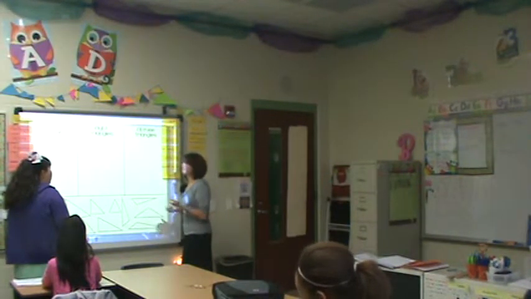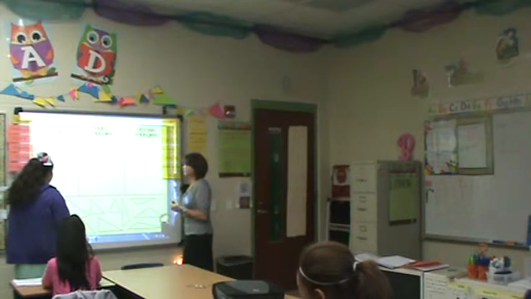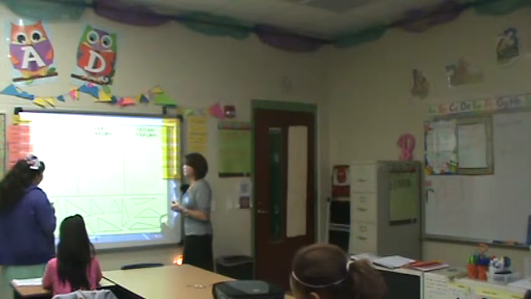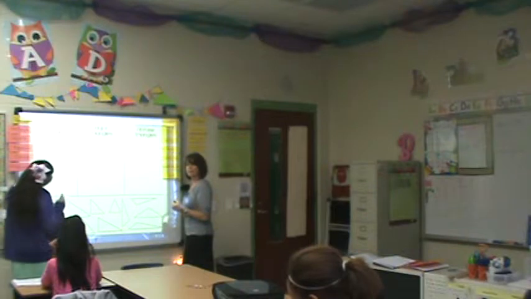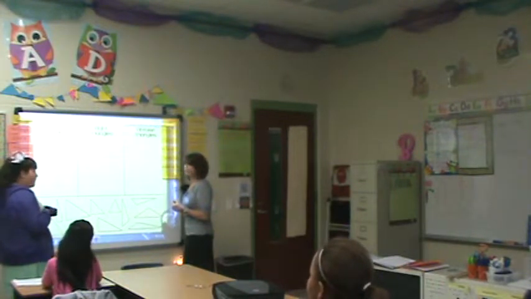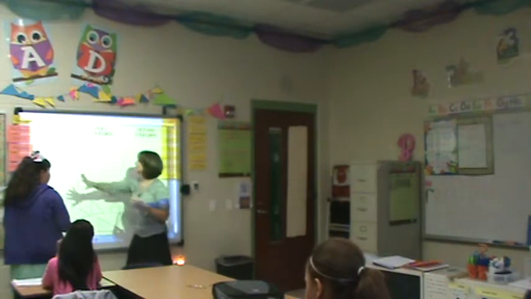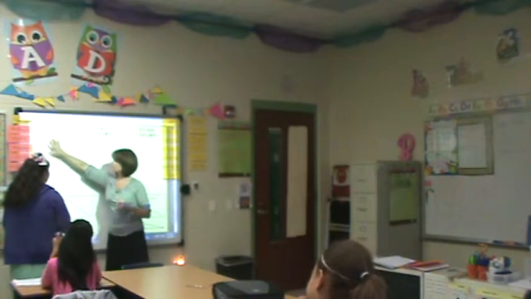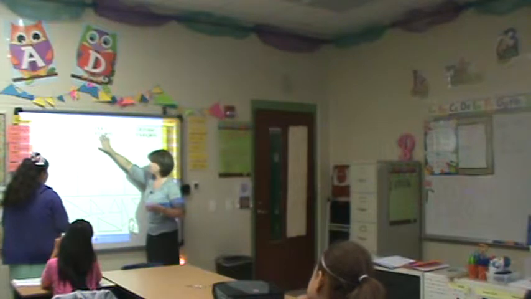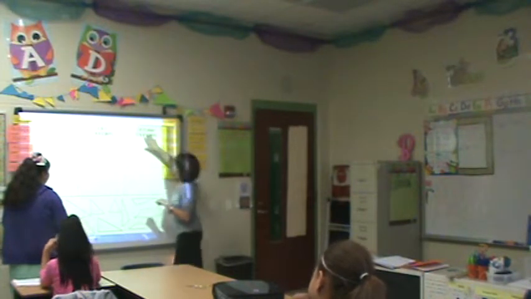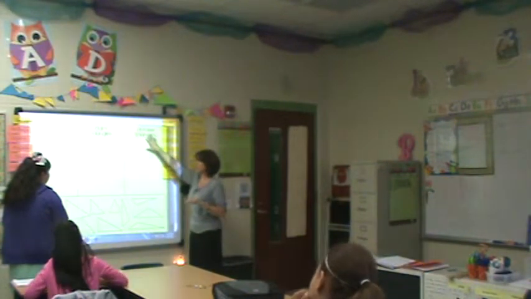Less than what? 90. If it's less than 90 degrees, are you listening? All right, less than 90 degrees, acute, equal to 90, at least one, right triangle. And if it's bigger than 90, obtuse.